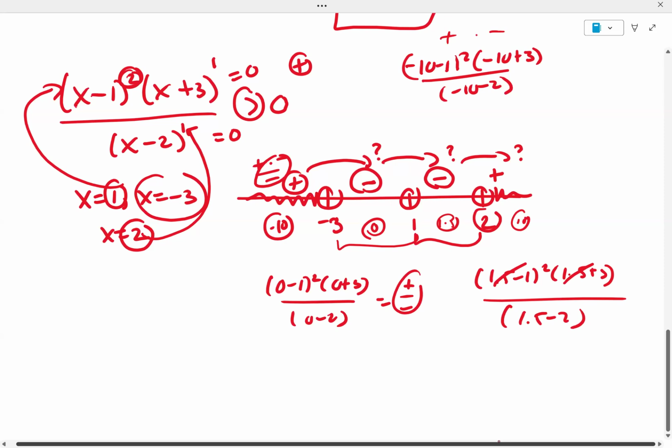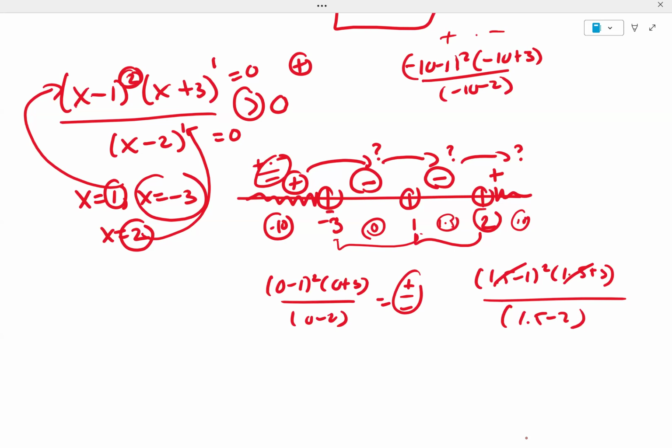So once again, you don't have to do it the shortcut way. Thinking about whether it's crossing or bouncing off the x-axis, you can also do it the long way by picking test points between the critical points. My critical points are these. These are my critical points. These are my test points.